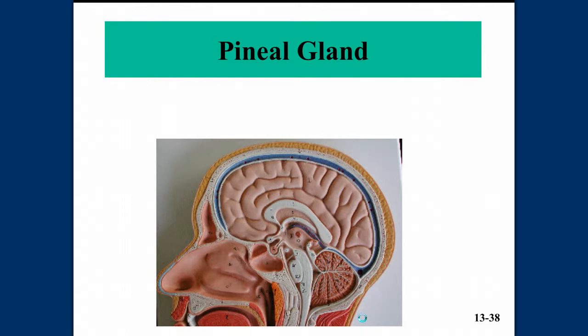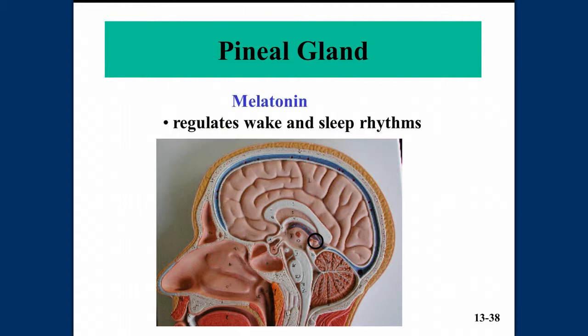The pineal gland produces melatonin. Now here we saw the pituitary gland, more posterior to the thalamus. This area here is where the pineal gland is found. It regulates weight and sleep rhythm. It monitors light conditions outside of the body.